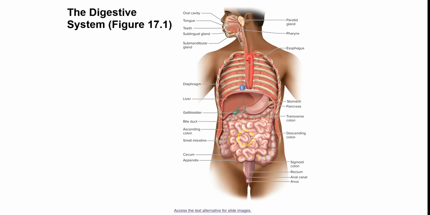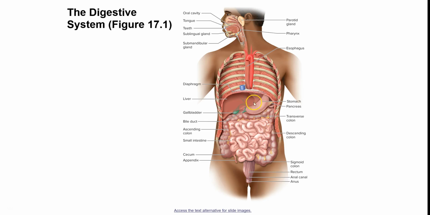So we first have what's called the digestive tract, also known as the alimentary canal, and that's going to be these hollow organs that food will travel through, starting at the mouth and ending with the anus. So looking at the general digestive organs or digestive tract, it's going to include the mouth, the pharynx, the esophagus, which travels posterior to the trachea.